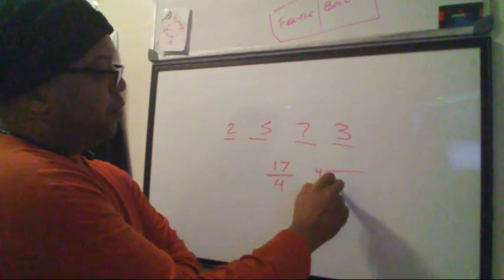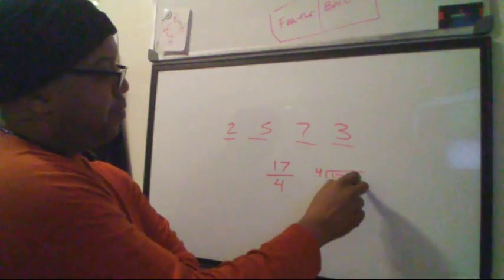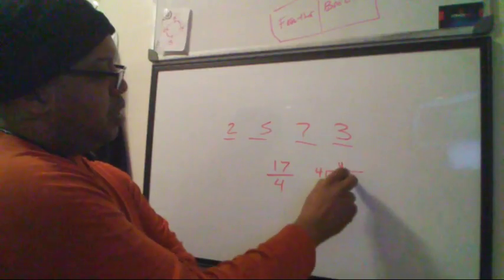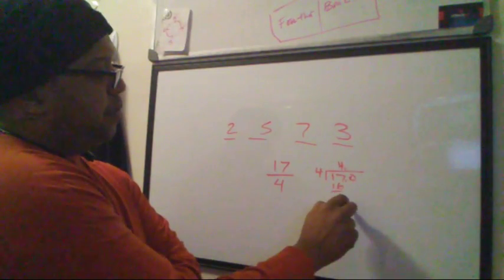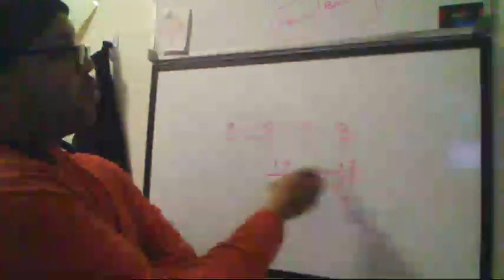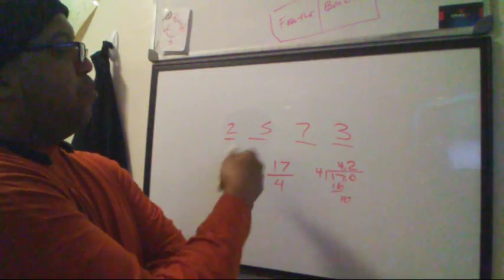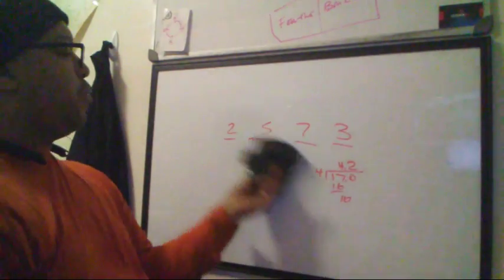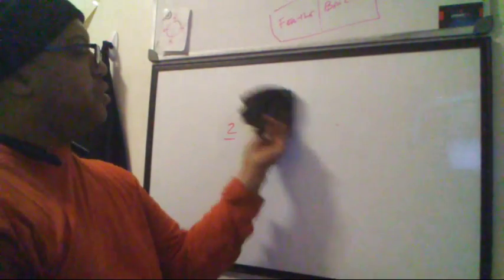So the average, 4, 16, 1, 0 drops down, 2. The average is 4.2. But people are having issues when they have negative numbers. So let's say we took 5 temperature readings.